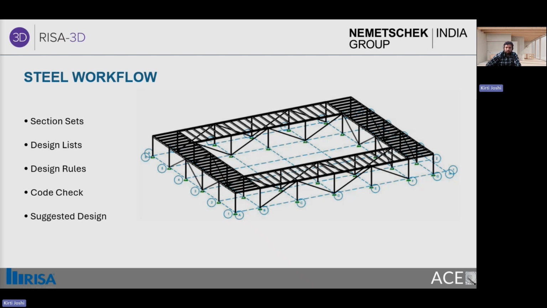We'll look at creating the section set as step one, and we'll assign the design list to each of the section sets. We'll also set some of the design rules for the members, perform the code check on our structure, and finally look at the suggested design to complete the entire design of our structure.